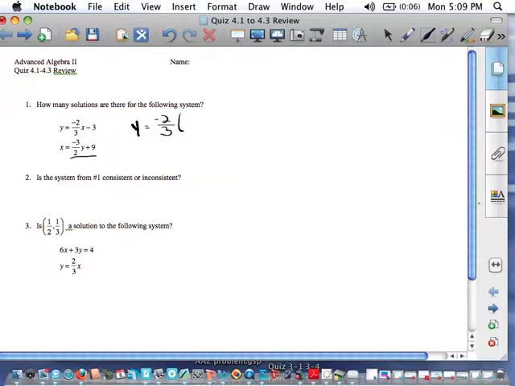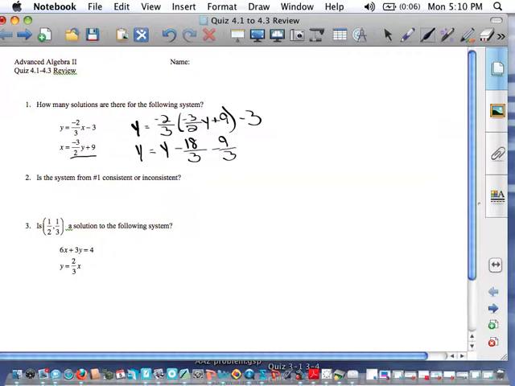Now the value of x is negative 3/2 y plus 9 minus 3. So y is equal to y minus 18/3 minus 3, we want to change that to thirds, minus 9/3.